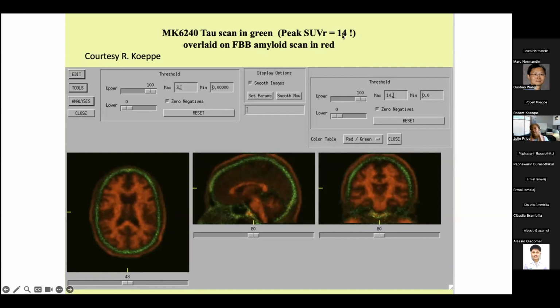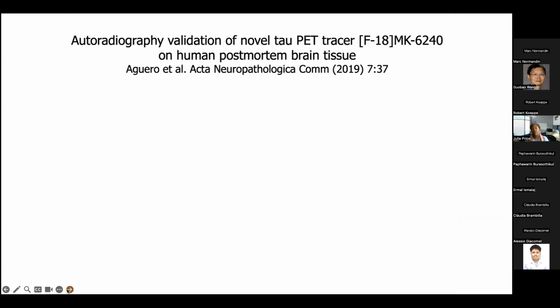And this was as high as an SUVR of 14. So what's under consideration is, how does this impact quantification of the reference region and cortical regions for this radiotracer, despite the lack of putamen non-target binding?